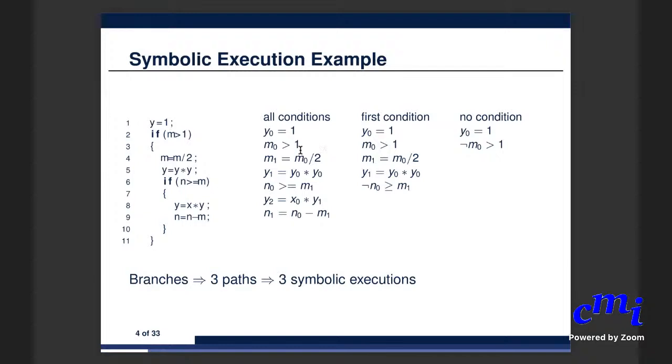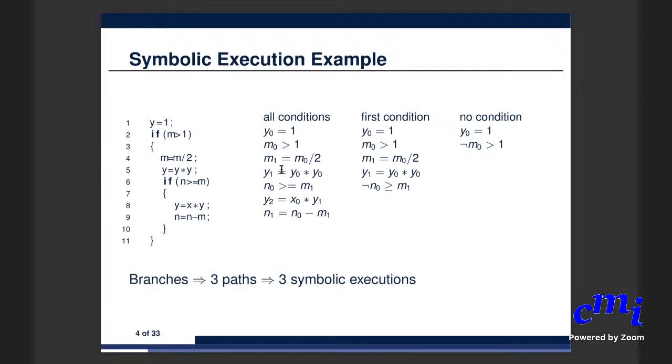It is as though you're executing the program over expressions that denote sets of values. Verification's goal is to analyze for all possible values. You could run it for every specific input. Instead, we are doing symbolic execution.